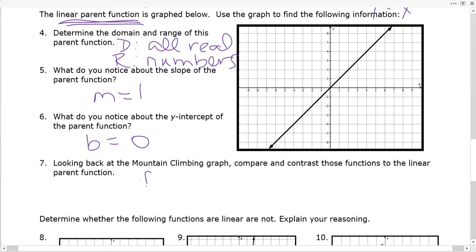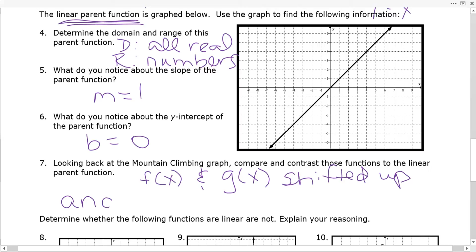But f of x, which is Finn, and g of x, which is Lucia, both were shifted up because they started above the 0, 0, and they were steeper than the parent function.